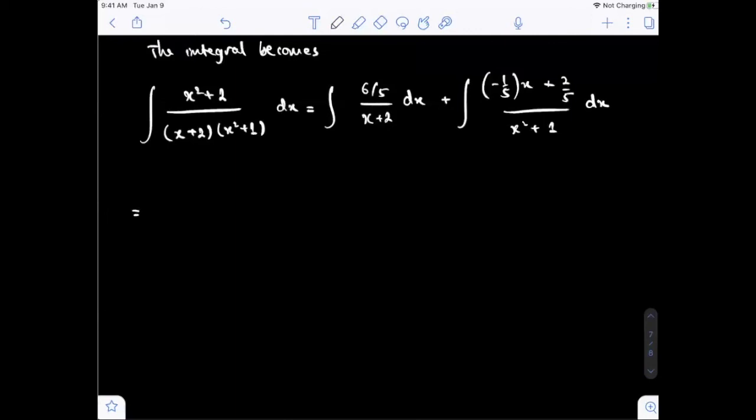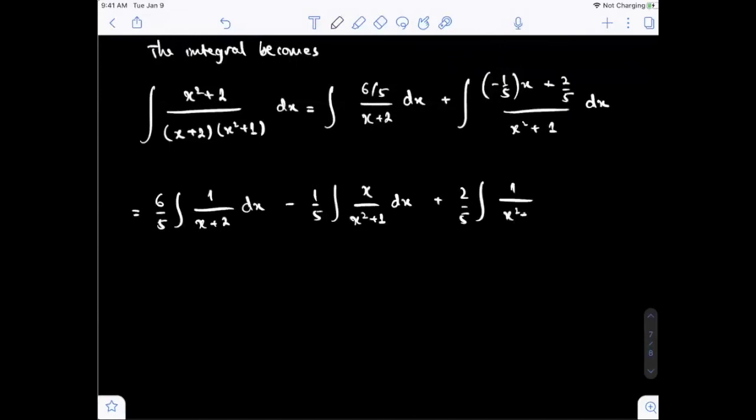So this gives me 6 over 5 times the integral of 1 over x plus 2 dx minus 1 over 5 times the integral of x over x squared plus 1 dx plus 2 over 5 times the integral of 1 over x squared plus 1 dx.